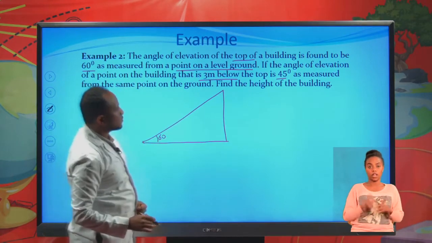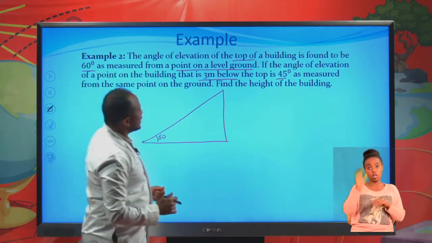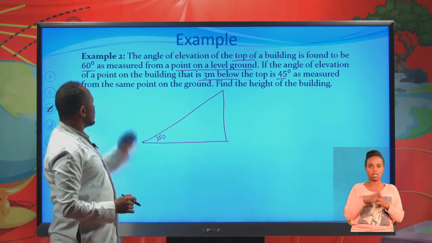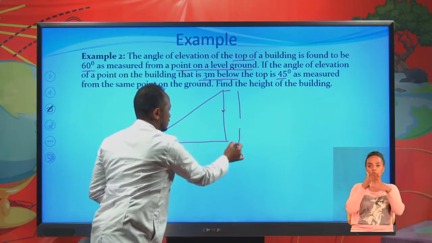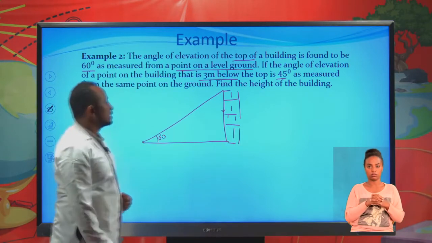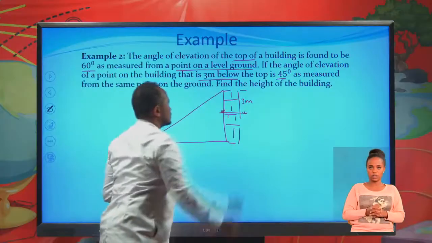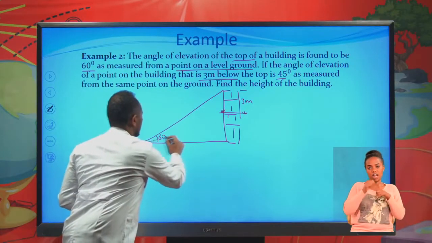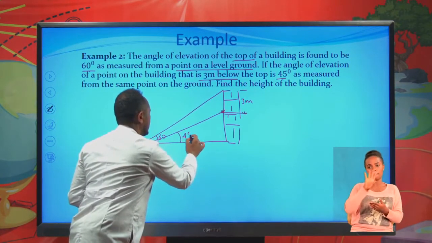And then if the angle of elevation of a point on the building, assume this is a building. So 3 meters below, assume this is 3 meters below this point. So the angle of elevation to this point is given as 45 degree.